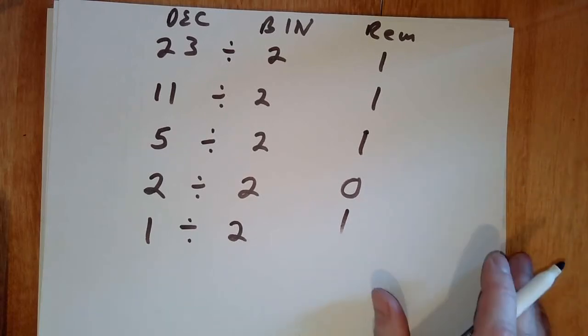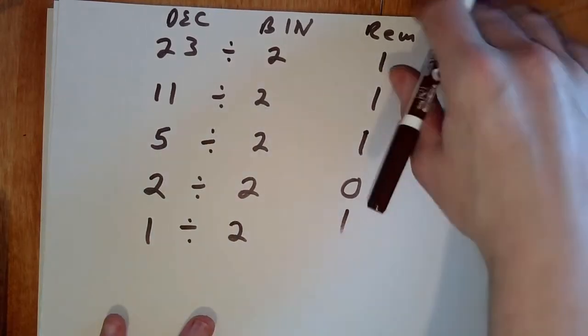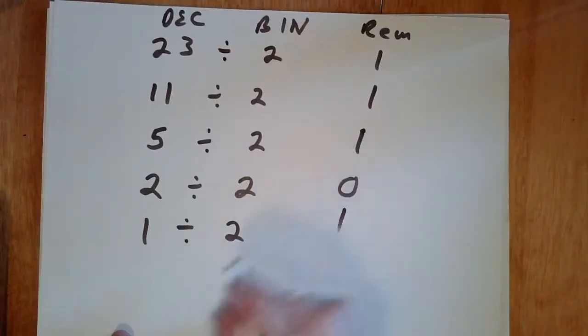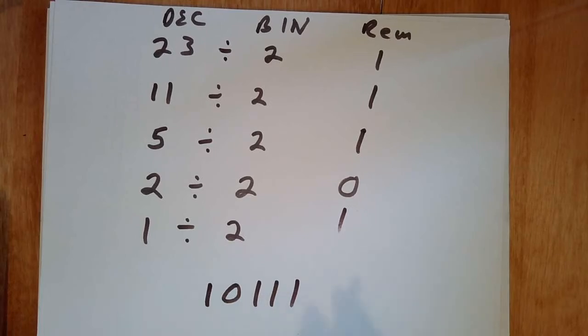And so when we're looking at this, we rewrite this and say 1, 0, 1, 1, 1. Then we can convert back, right? We've got 1 one, 1 two, 1 four, 0 eights, and we've got a 16.